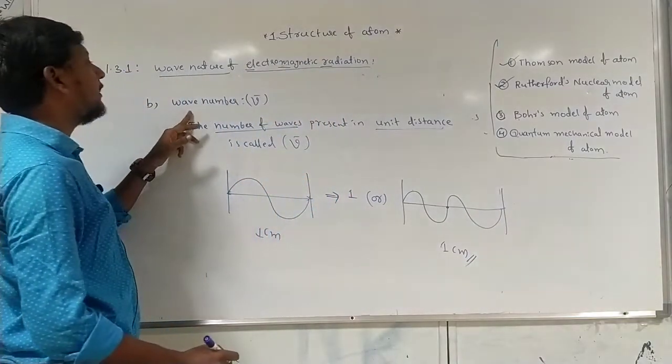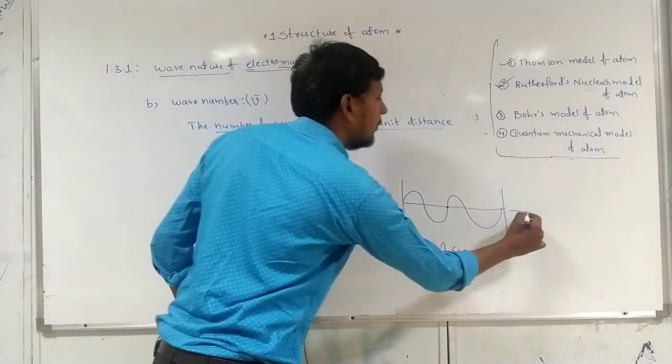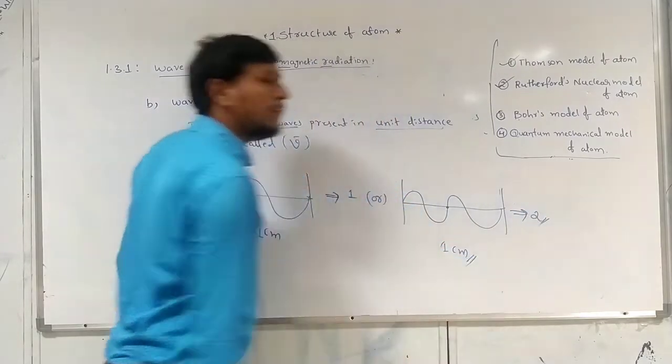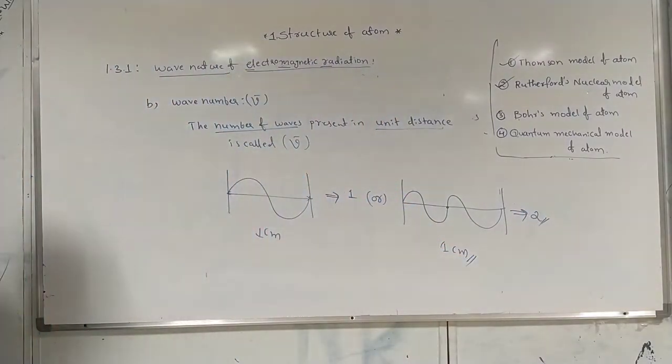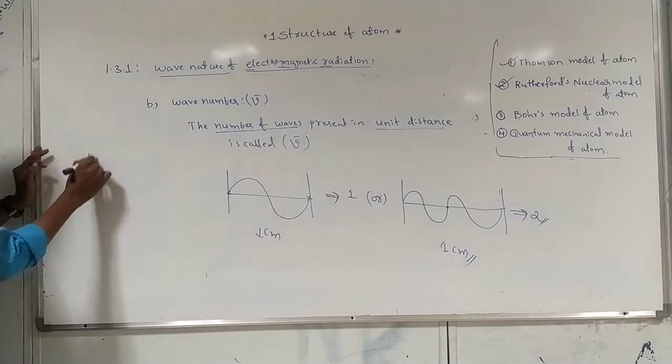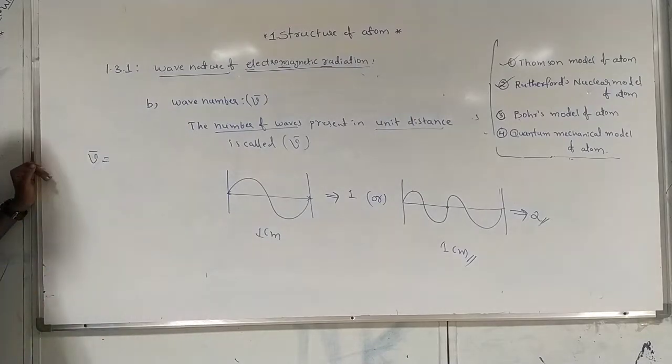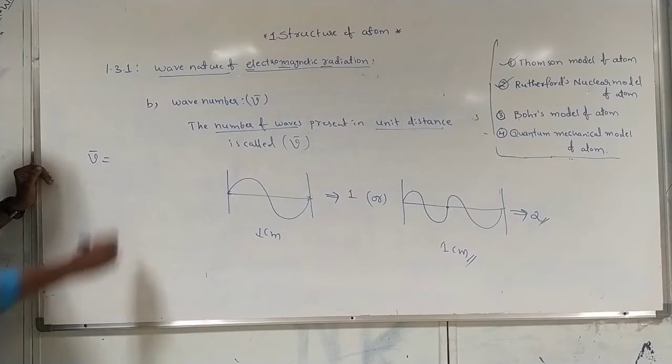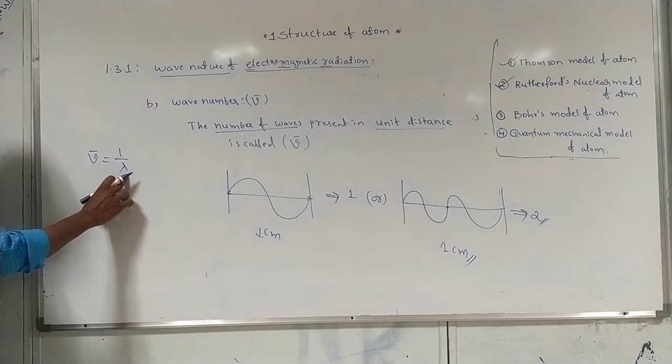Then the wave number is equal to 2. The wave number nu bar is equal to 1 by lambda. Wave number is the reciprocal of wavelength.